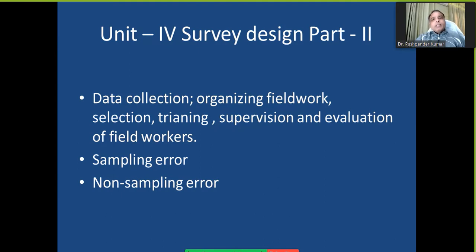I hope this is clear to all of you: whenever you conduct a survey, the questionnaire, method, and sample are all important. But besides that, when we have human interaction in terms of collecting data, that is a kind of action performance in the field. This would be the most difficult task.